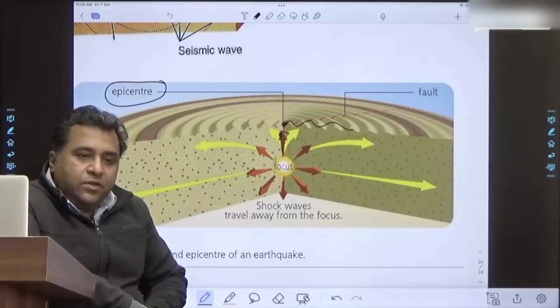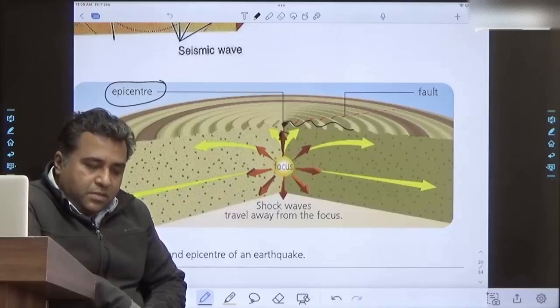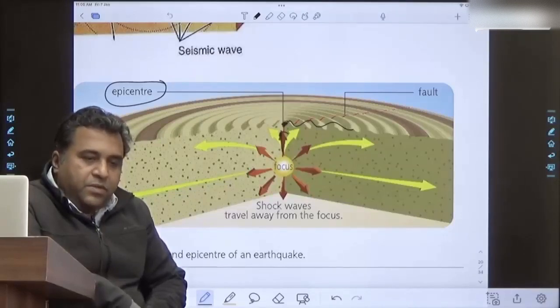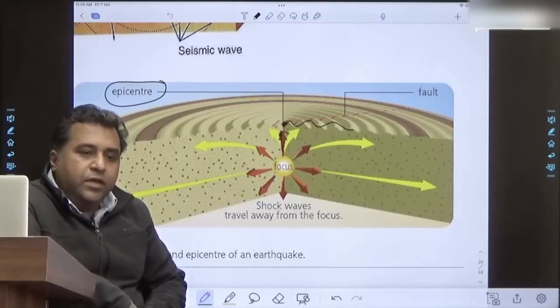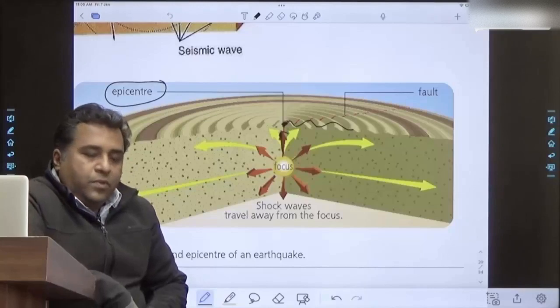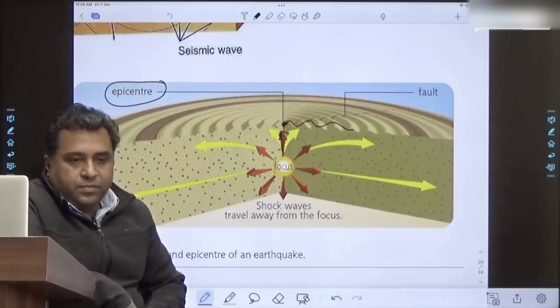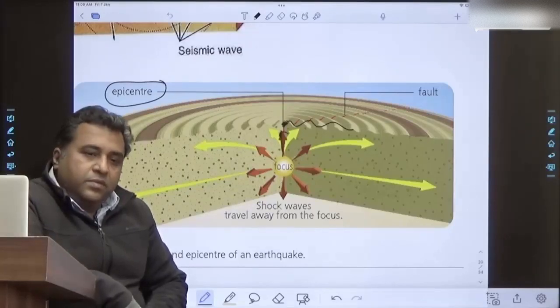Light travels in all directions from the bulb, comma, inside a room. Full stop.